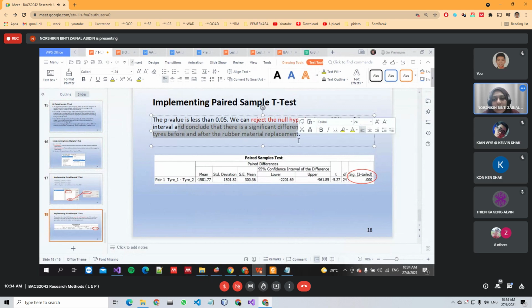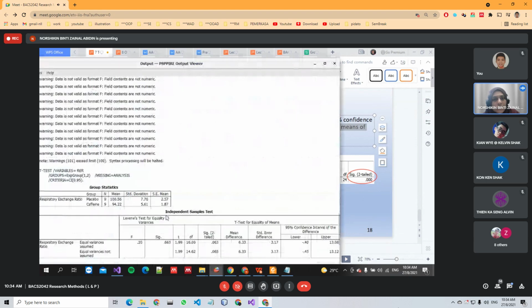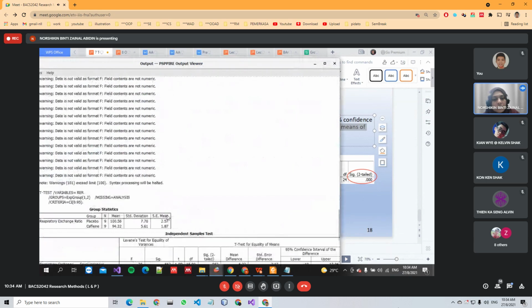So this one is the alternate hypothesis that we accept. So we can conclude that there is a significant difference between the means of tires and the tires rubber material replacement. Okay, so this one is all your result from 7A and 7B and 7C.